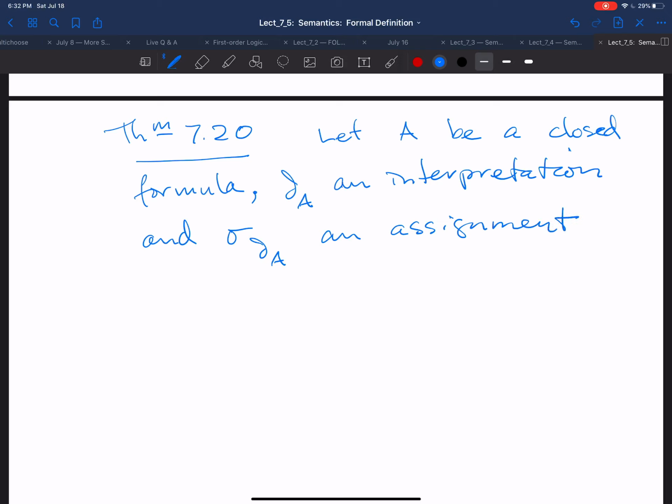So the assignment itself has no effect on the truth value, because we just consider all possible reassignments to the variables occurring in A. So the truth value of A under our interpretation and our assignment, in fact, does not depend on the assignment at all.